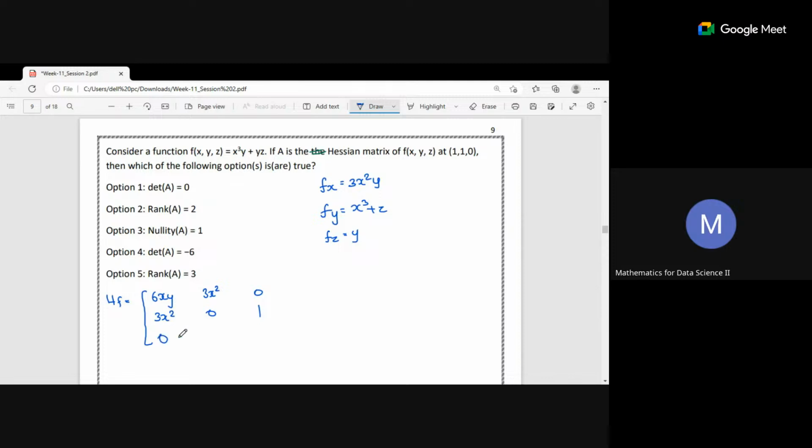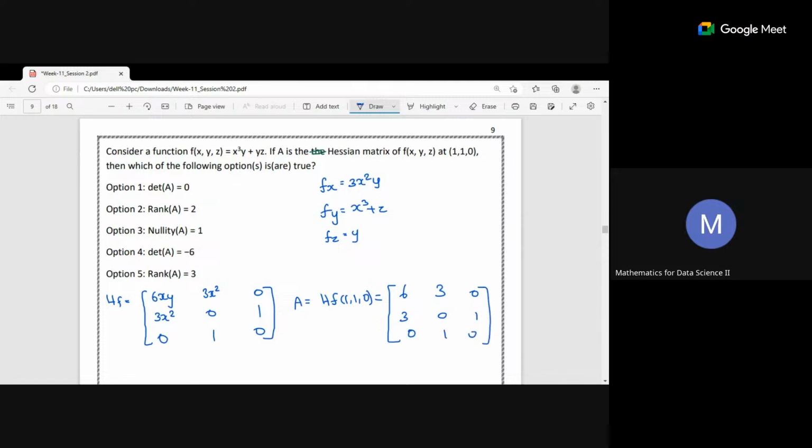Fzx is 0. Fzy is 1. Fzz is 0. So it is given that A is equal to Hf at 1 comma 1 comma 0. So what is this matrix? At 1 comma 1 comma 0: 6, 3, 0, 3, 0, 1, 0, 1, 0.